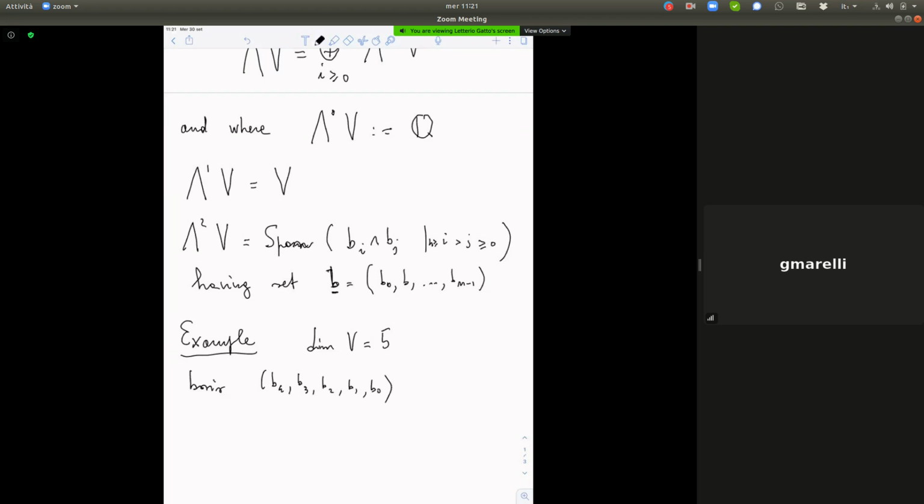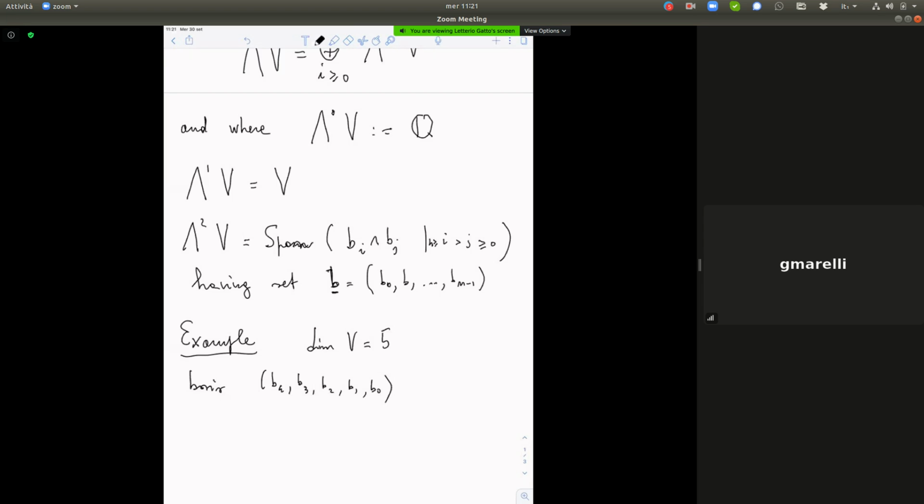So this is the basis. It's strange. Everybody writes the index in increasing order and we use decreasing order. Why do this? You will see when we work with vector spaces which have infinite dimension.